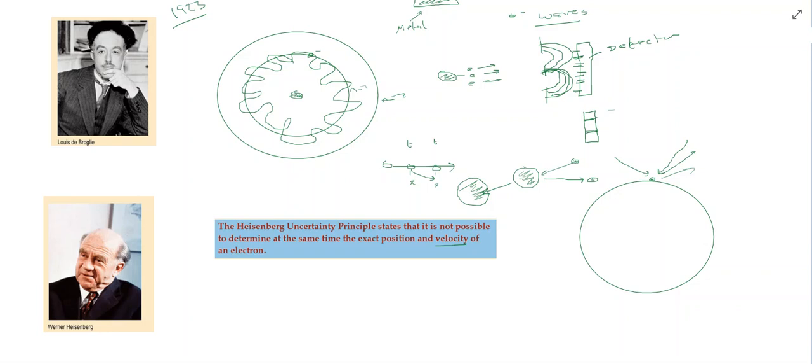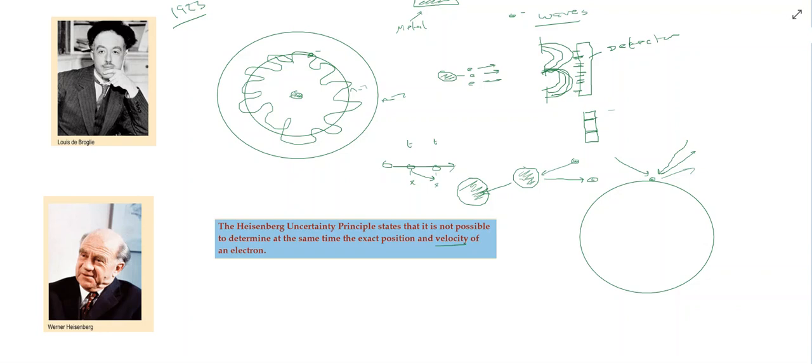And Heisenberg, working in Germany after the First World War, realized that ordinary observation techniques could not be applied to electrons in atoms. This is because they have very small masses, and so the disturbance caused by the measuring techniques must be taken into account.